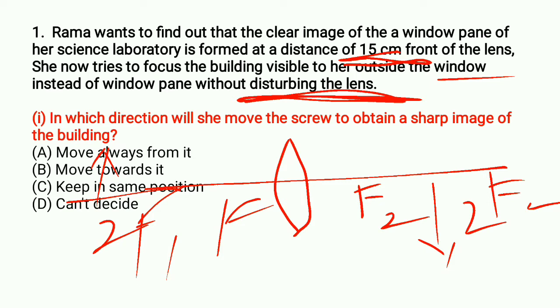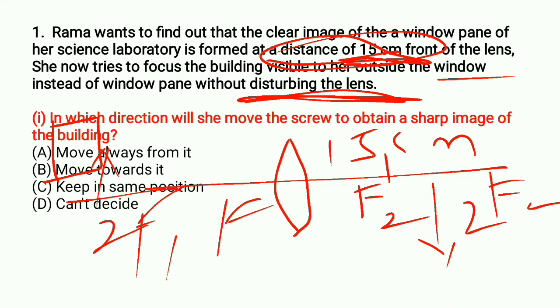Now Rama wants to take the clear image of a window pane. Let's suppose that somewhere here we have a window, and the image of the window from the science laboratory is at a distance of 15 centimeter. Now she tries to focus the building visible to her outside the window.